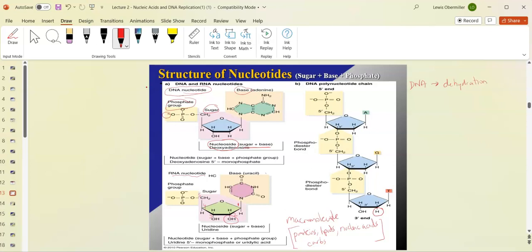And I'm not going to go into this, but you can go back and revisit a basic intro biology textbook. What it means is that in order to build something, you have to remove water. Thus, dehydration. So you cannot build on this end of DNA, right?